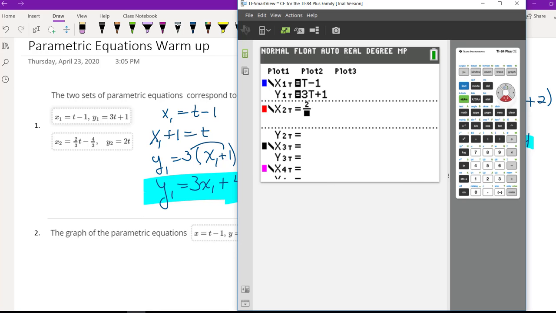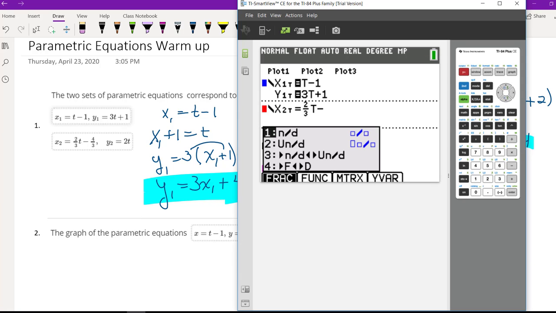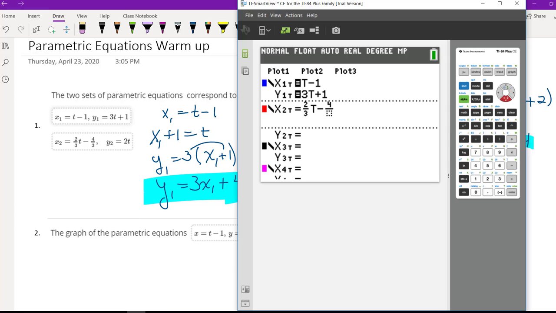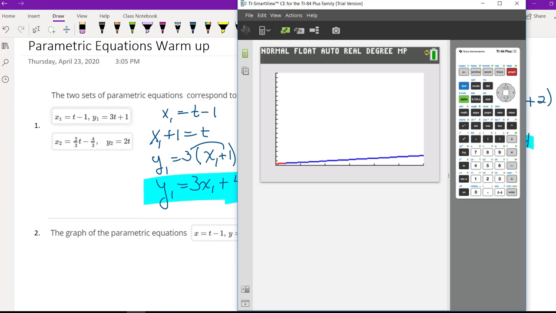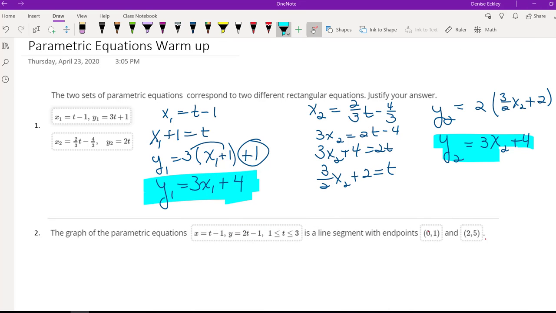So x2 is 2/3 t minus 4/3. And then y2 is 2t. And now when I graph this, you'll see the red line goes right over top of the blue line. So they are the same rectangular equation.